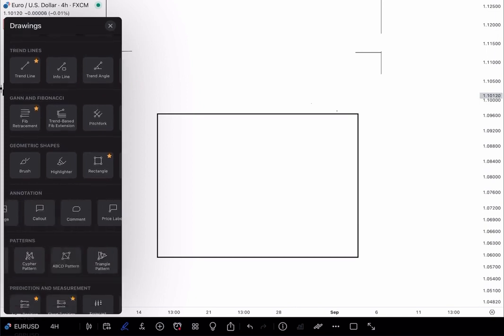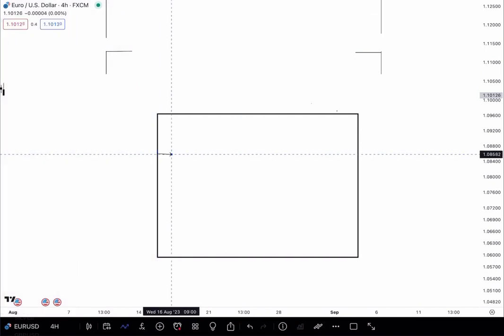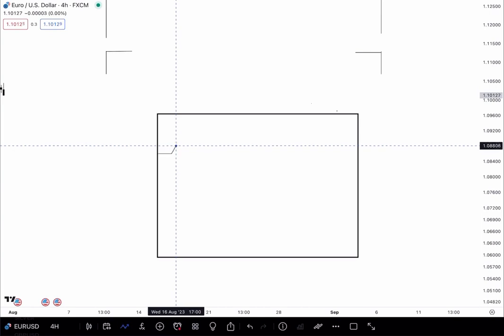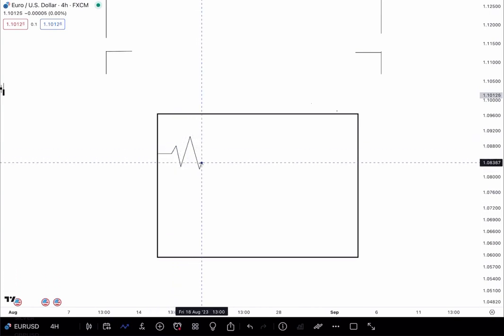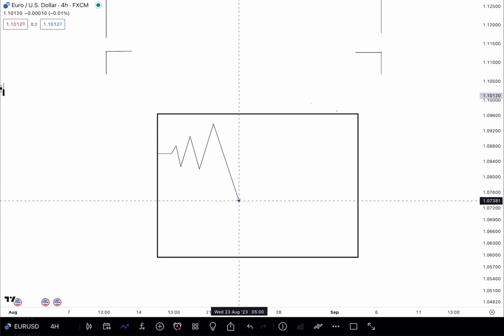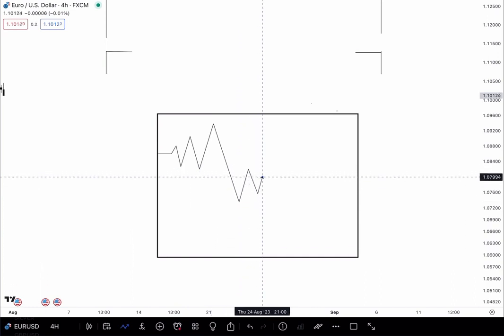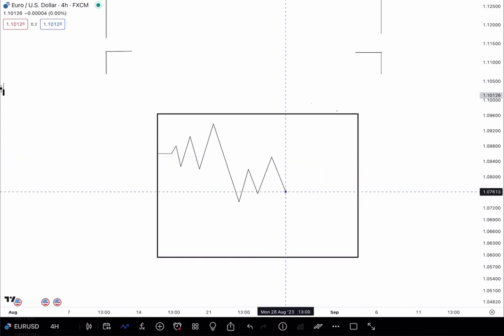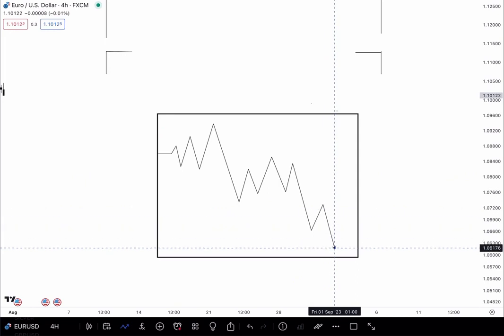Visualizing that is as follows. You got the open, opening range, remember? A high, breakdown, OTE, and low.